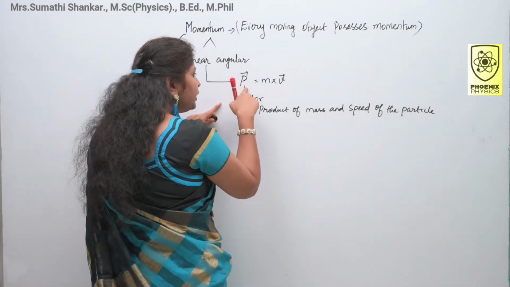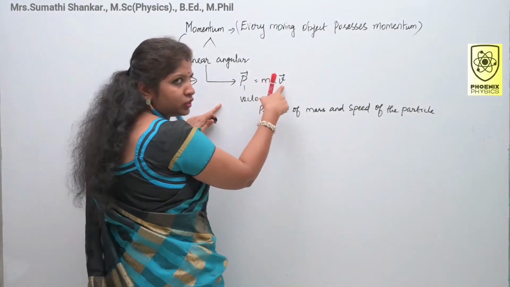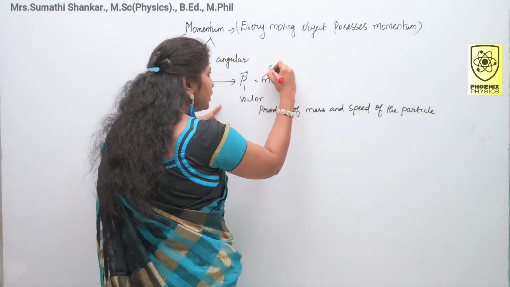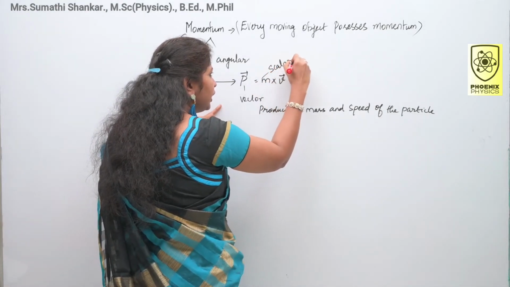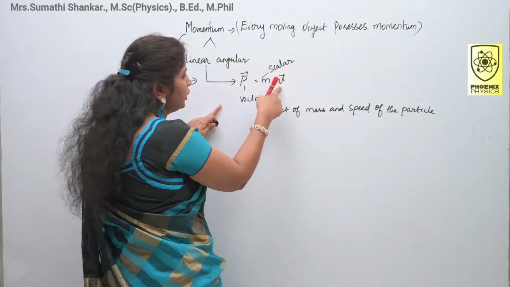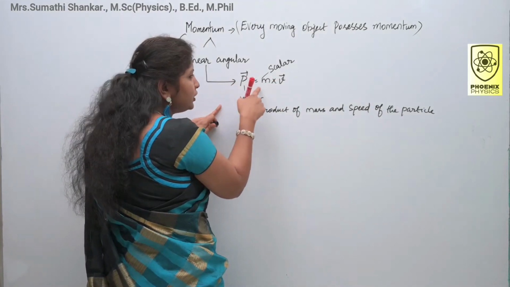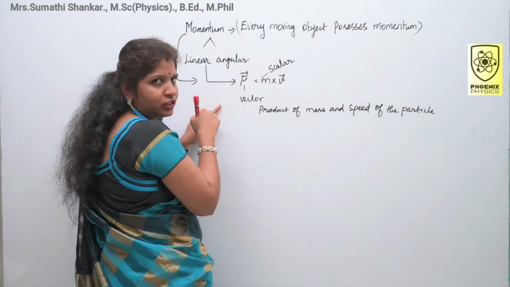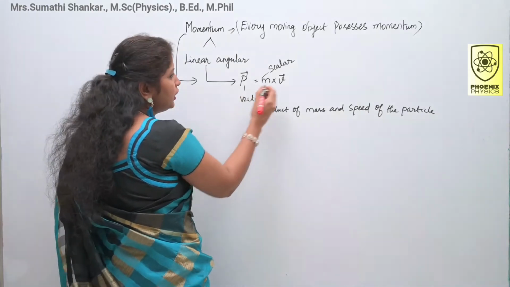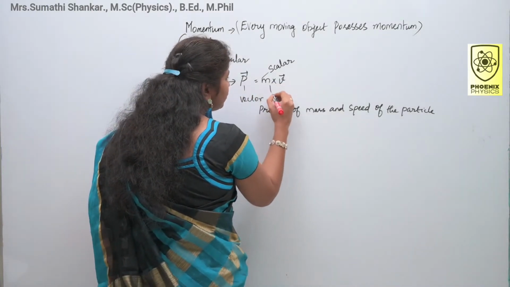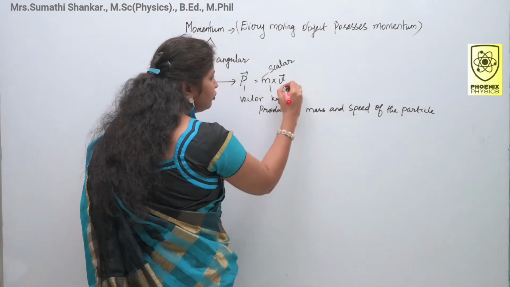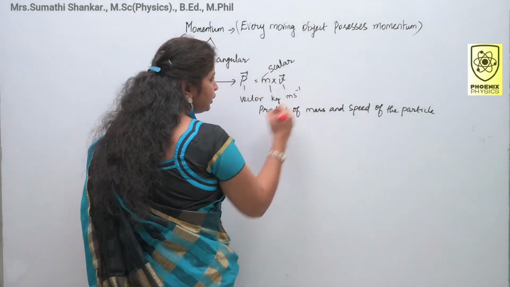Here P has a direction of velocity. Here m is a scalar quantity and v is a vector quantity. So P is in the direction of velocity. Up to this clear? Then unit is for m kilogram, for v meter second minus 1.